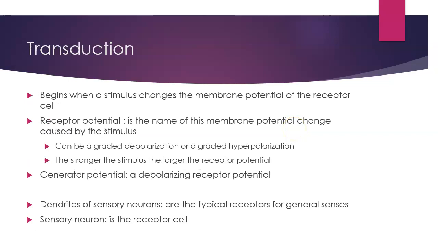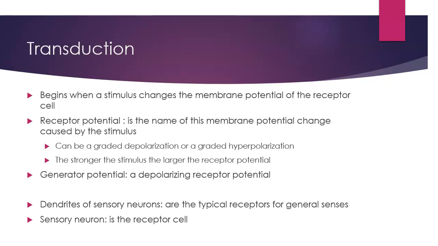Transduction begins when a stimulus changes the membrane potential of the receptor cell, right? You could go back to our early discussions on generation of action potentials. We have this receptor potential, which is the name of the membrane potential change that's caused by the stimulus. Depending on the stimulus that's coming in, it can either be graded depolarization or graded hyperpolarization.